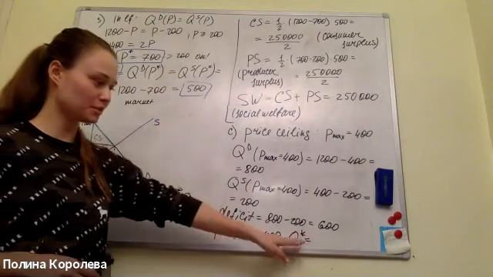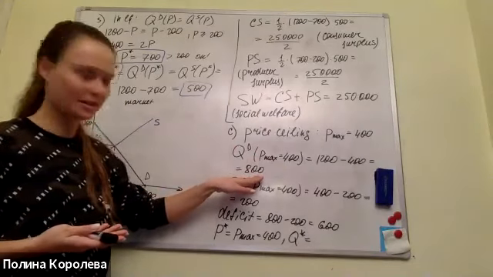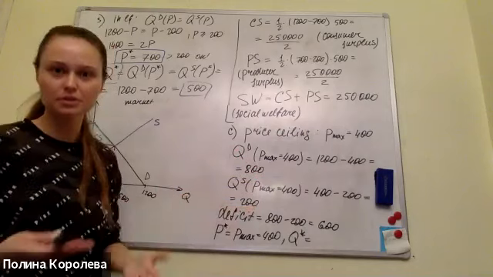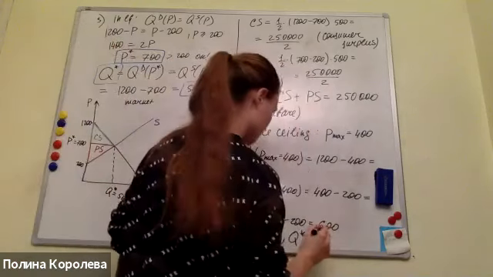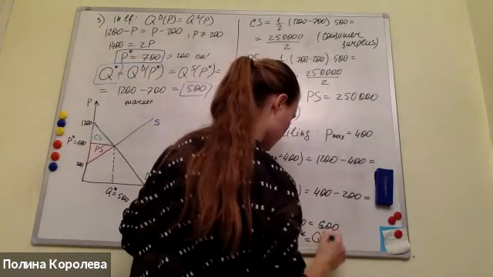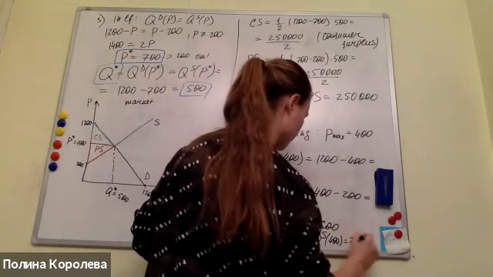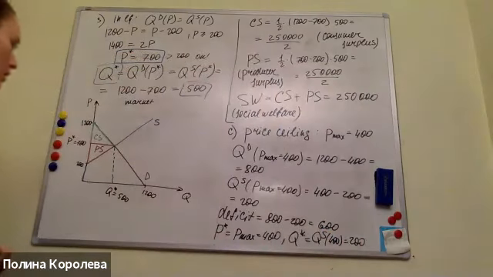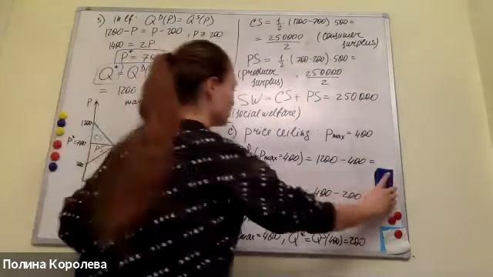How much will be bought and sold? 200, yes, the minimal. Consumers want to buy 800, but they cannot. They can buy only 200. So this will be the equilibrium quantity. This will be the quantity supplied at 400. This is 200.